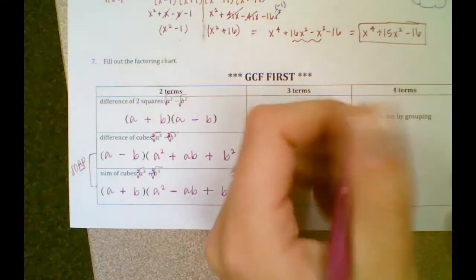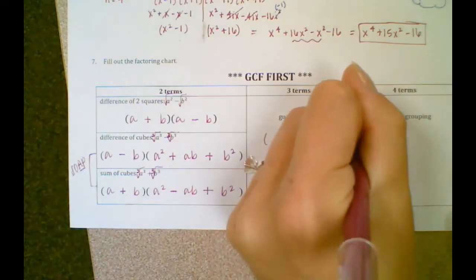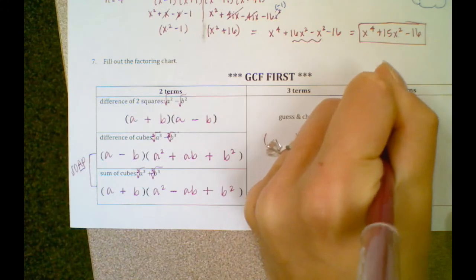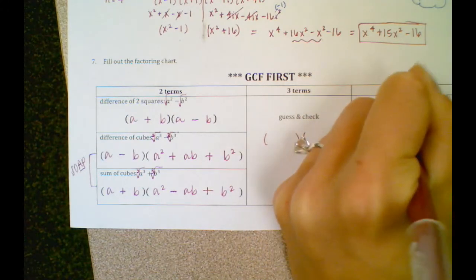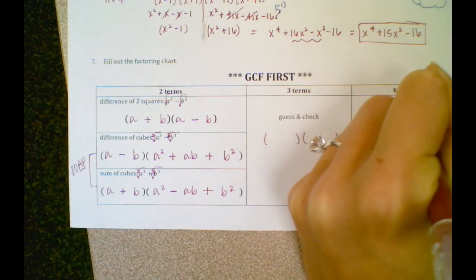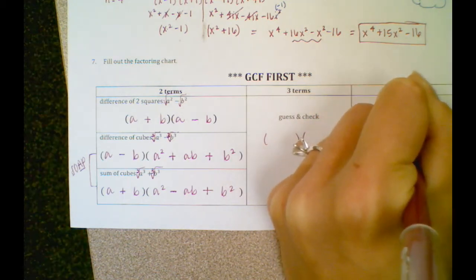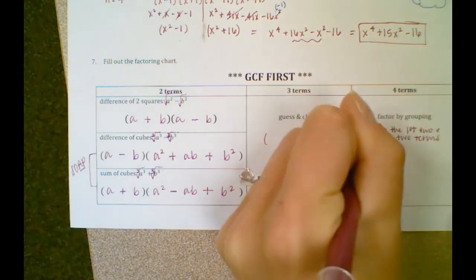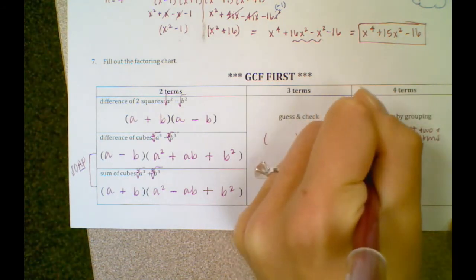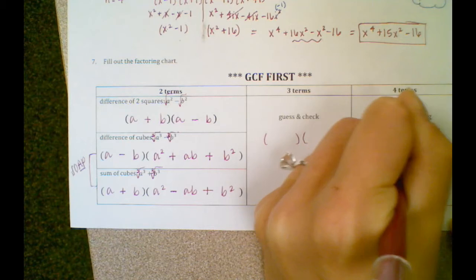If you have 4 terms, remember you're going to group the first 2 and last 2 terms. Then you're going to find the GCF of each and take that out.